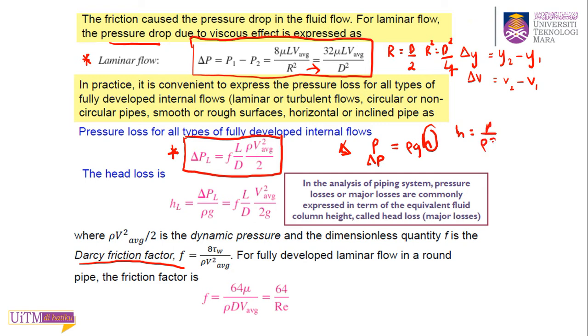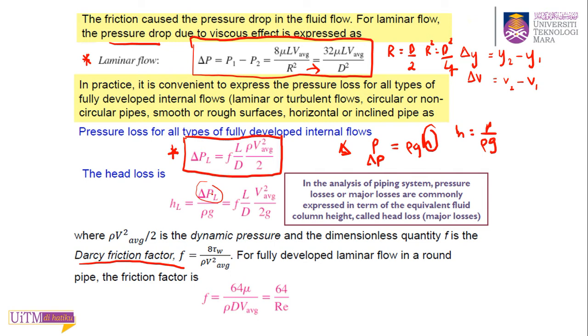So if you divide the pressure loss delta PL by rho g, we can calculate the head loss, where head H is the height, the head loss inside the piping system.